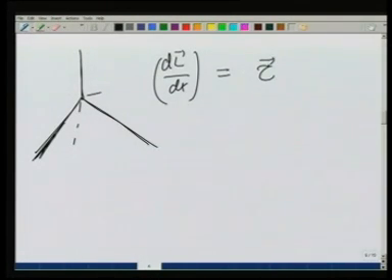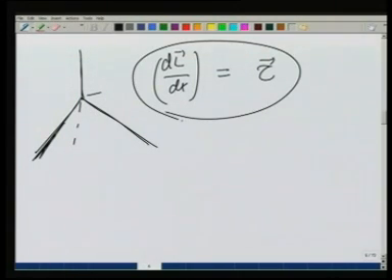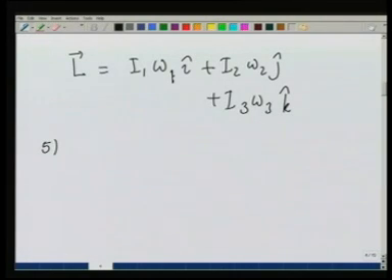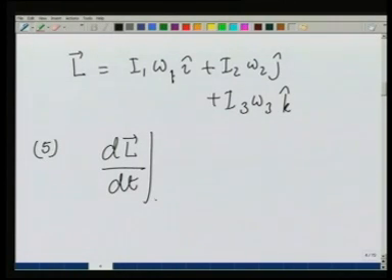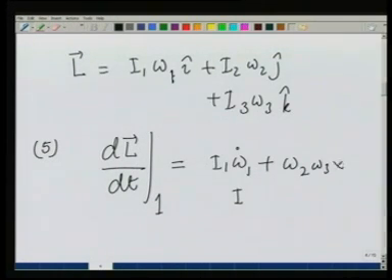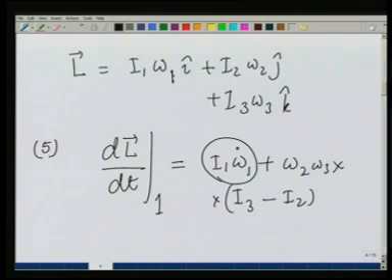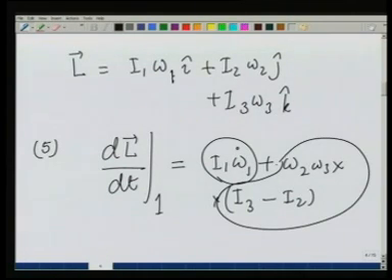All we are doing is taking the components of this equation along the principal axis, and therefore, when I take dL over dt, its component along 1, where 1 denotes the principal axis 1 or x principal axis, it becomes I1 omega 1 dot plus omega 2 omega 3 times I3 minus I2, where this part is because the component of omega along axis 1 is changing, and this part comes due to the rotation of L.